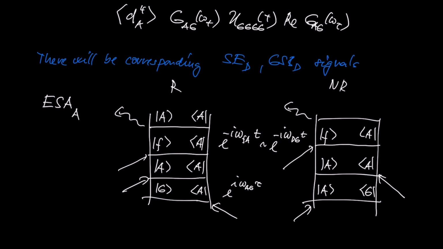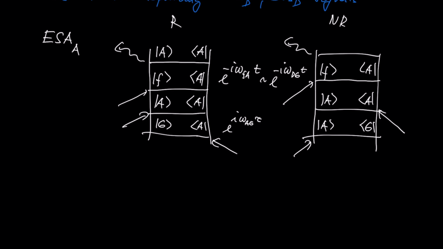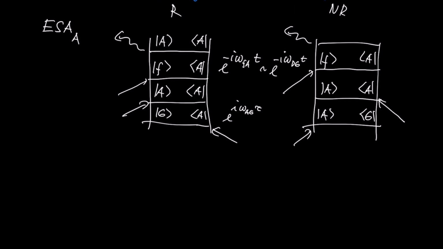No problem. All right, now what is the Liouville pathway, or what is the response function corresponding to this Liouville pathway? One thing very important to notice here, it's a stimulated emission and there is only one action from the right hand side, which means that there will be an overall minus in front of the response.